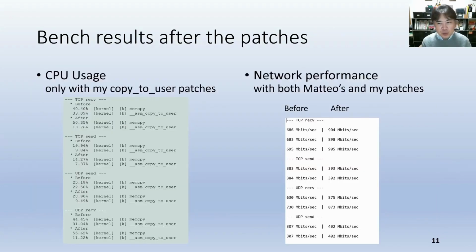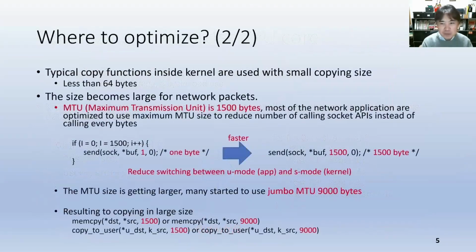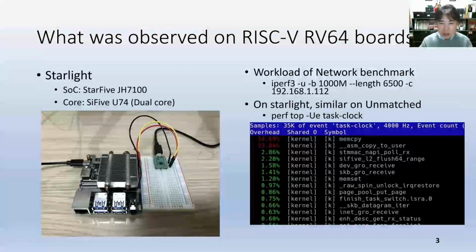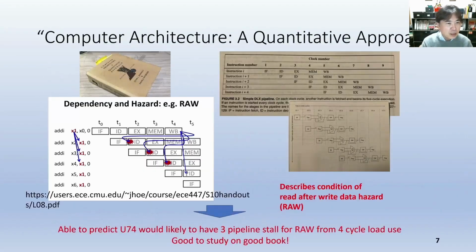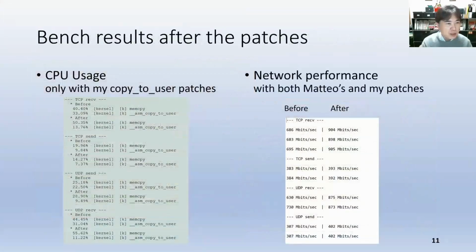So this is the good part: the result after applying the patches. The left side is CPU usage. In the beginning, copy to user used to consume over 30% of the CPU usage. After applying the patches, TCP receive was reduced to 13.76%.